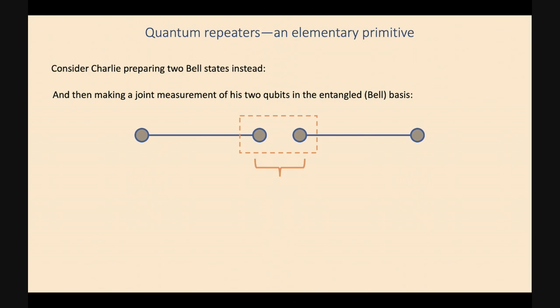And if that measurement is done in the correlated basis, so you can think of doing something to entangle these qubits and then measuring them, then he can get a Bell pair locally. And now the entanglement that existed in the two pairs is transferred out to Alice and Bob.